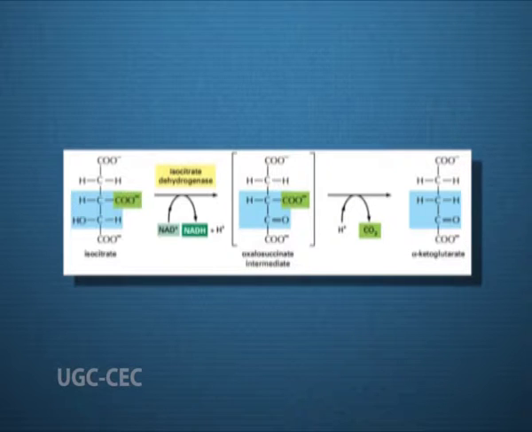Isocitrate undergoes dehydrogenation to form initially oxalosuccinate, which remains enzyme bound and undergoes decarboxylation to alpha-ketoglutarate. The decarboxylation requires magnesium or manganese ions. This oxidation generates the first high transfer potential electron carrier, NADH, in the cycle.